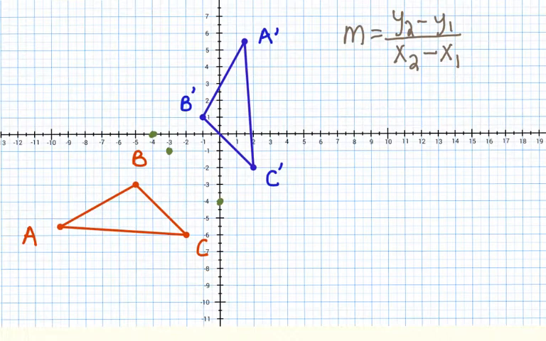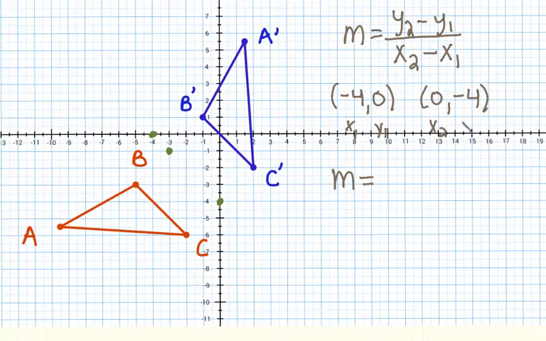So I'm going to go ahead and use the points -4, 0, and 0, -4. So plugging them into our slope equation, we're going to go ahead and use this first point as our x1, y1, and this one as our x2, y2.